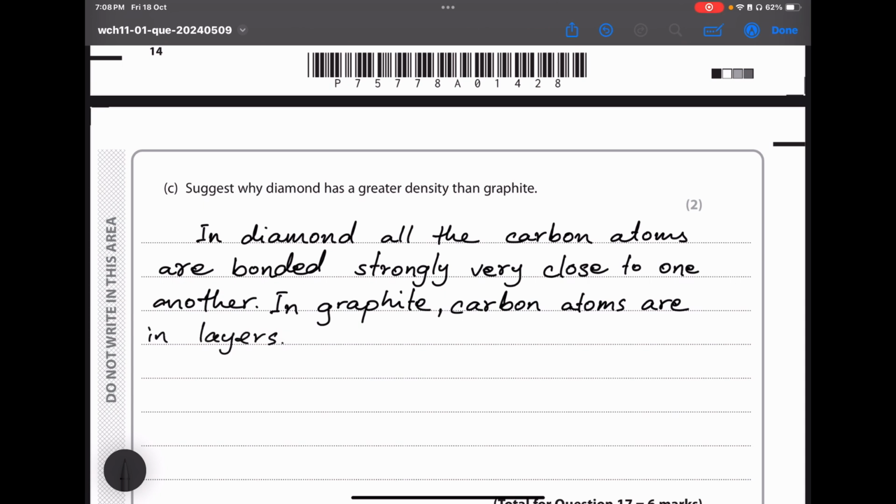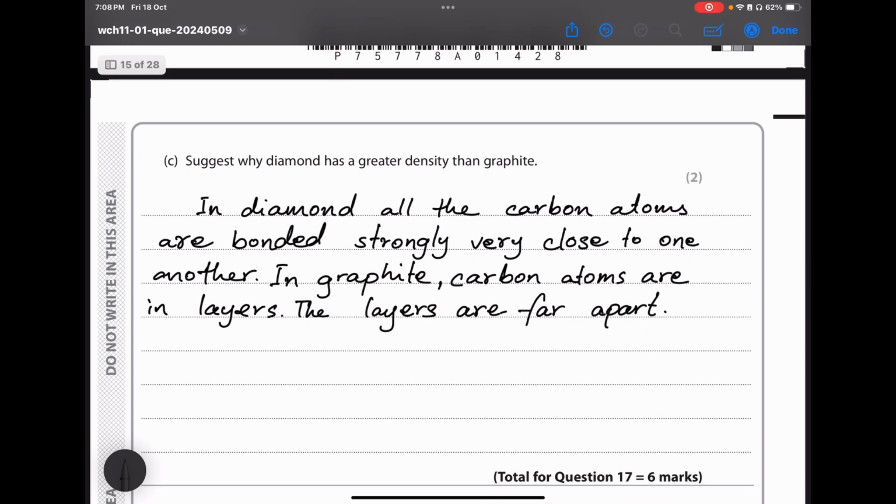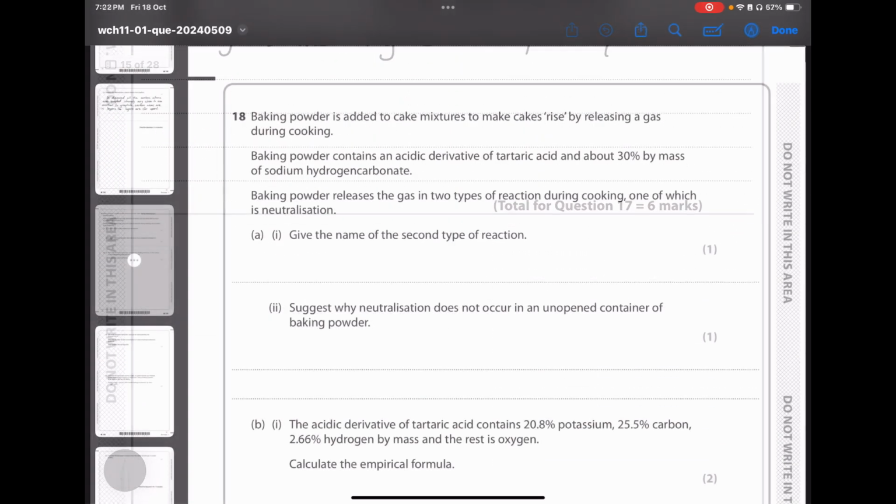And since there is space between the layers, that's why the density in graphite is less, right? The layers are far apart. That's why graphite is less dense than diamond.